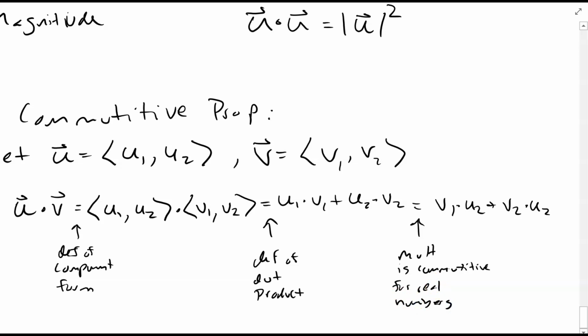So I can switch the order of U1 and V1 because they are just real numbers. And that dot is now just multiplication between two real numbers. It's not a dot product between vectors.